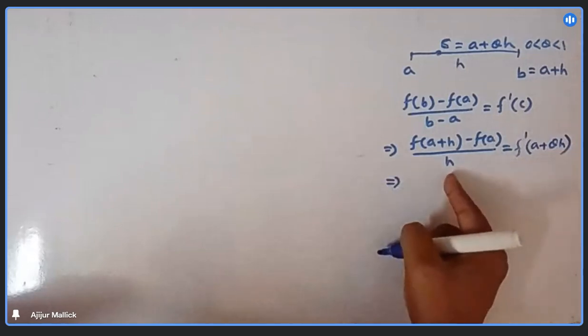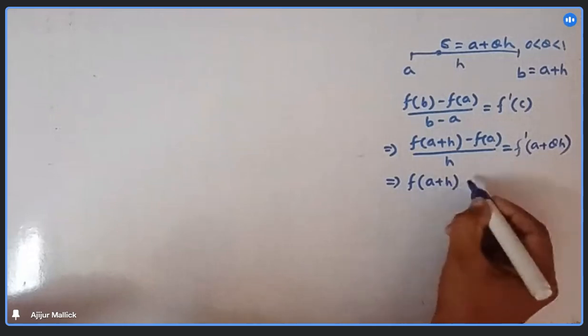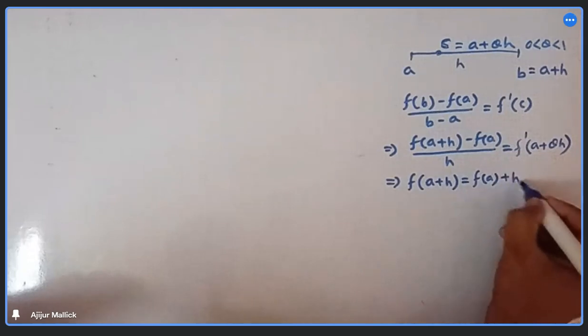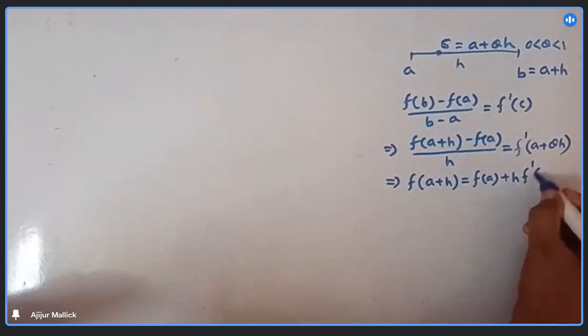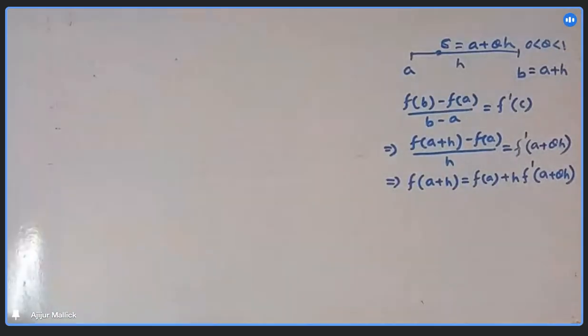Then after cross multiplication, we can write f of a plus h is equal to f of a plus h into f dash a plus theta h. This is a very important form. This is the alternative form.